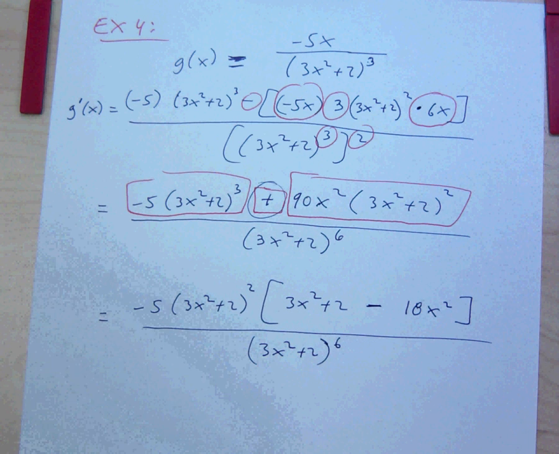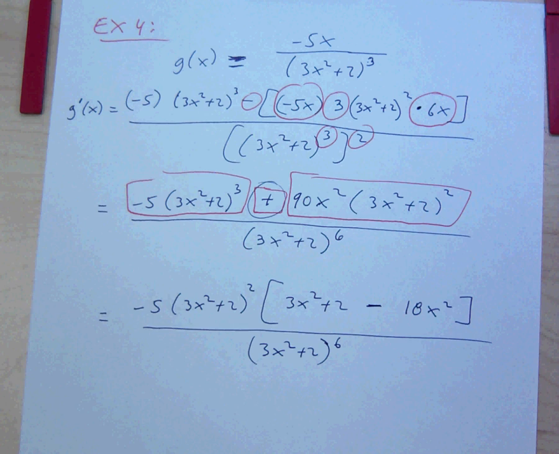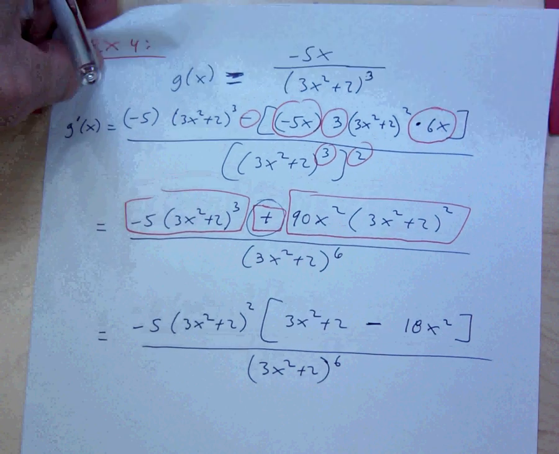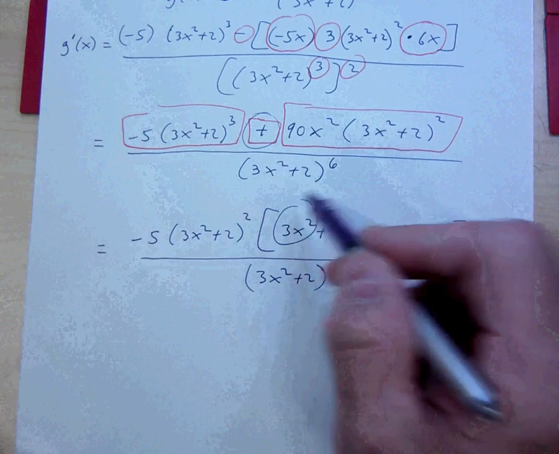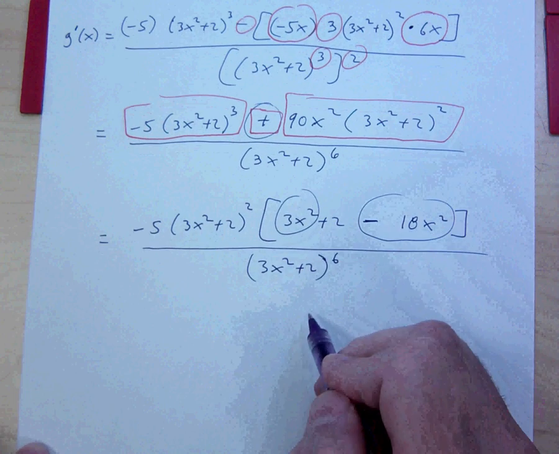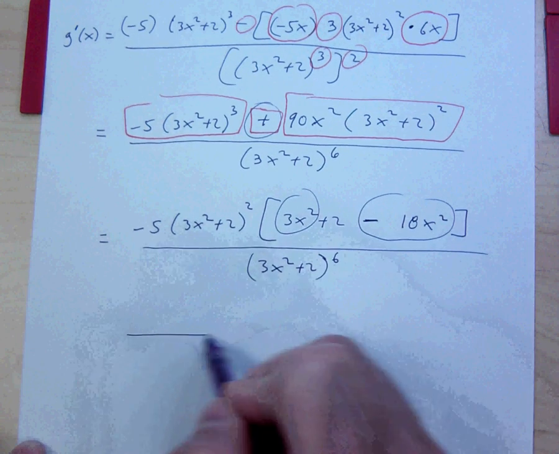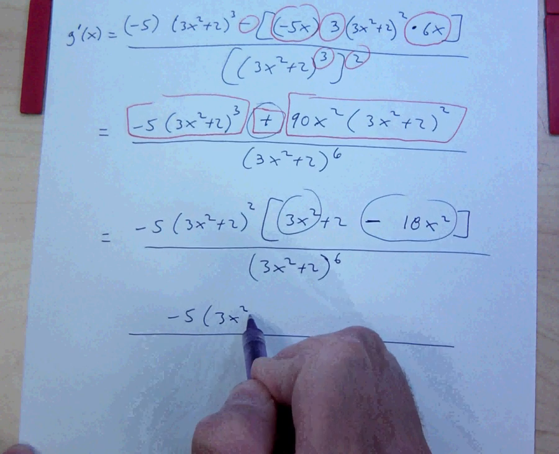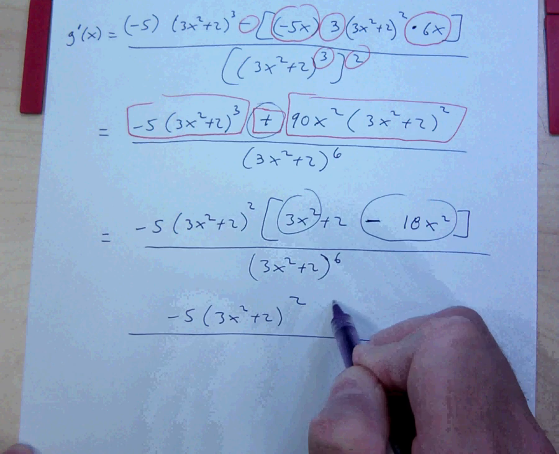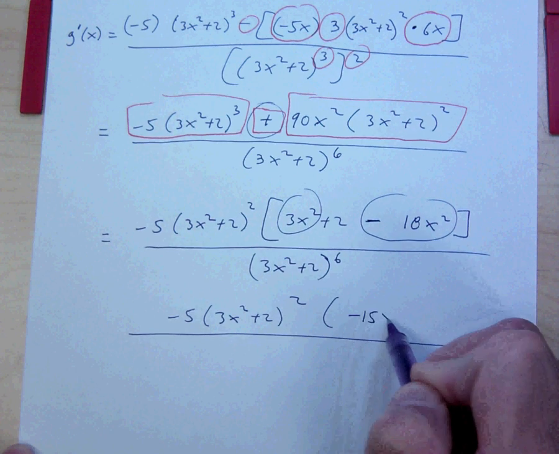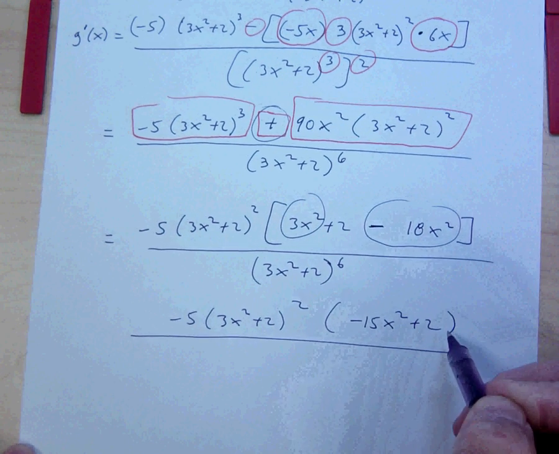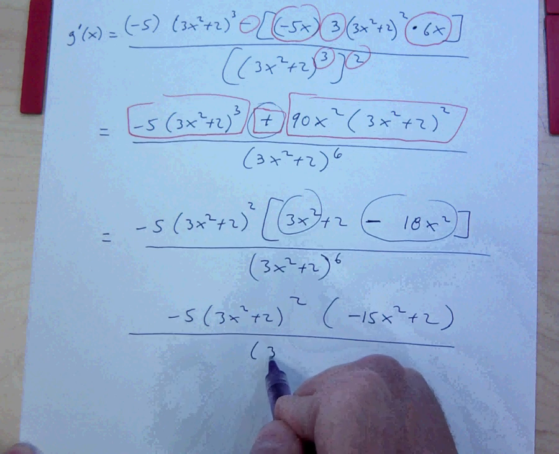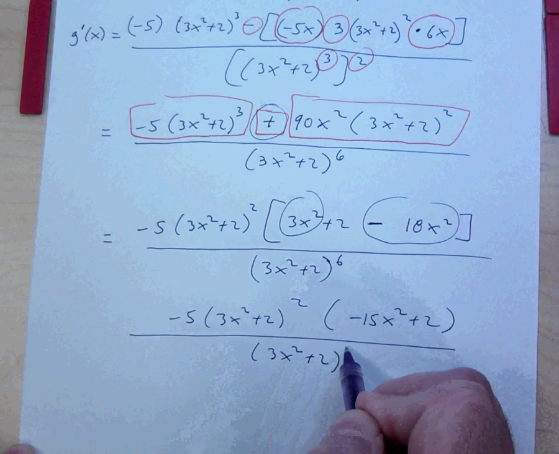Okay. And so at this point, you want to simplify what's inside the brackets. I can definitely combine these into a minus 15x squared, right? Plus 2. Okay.